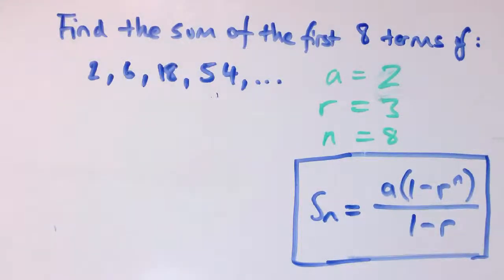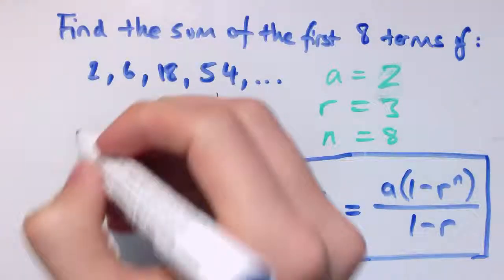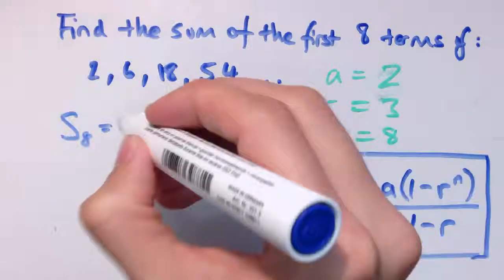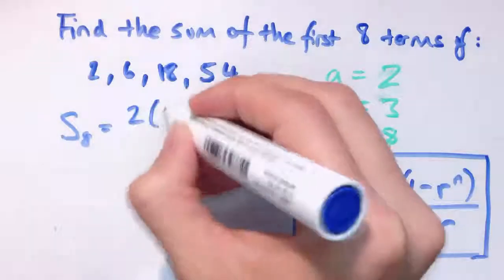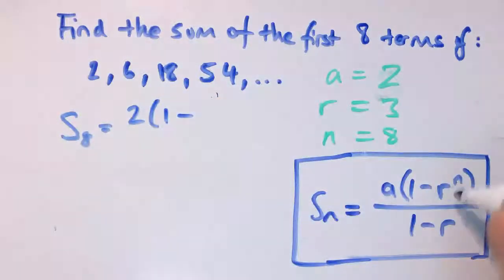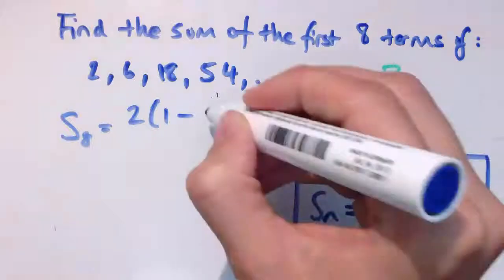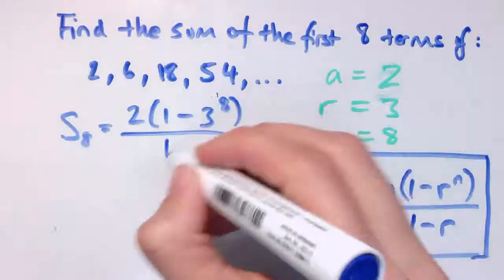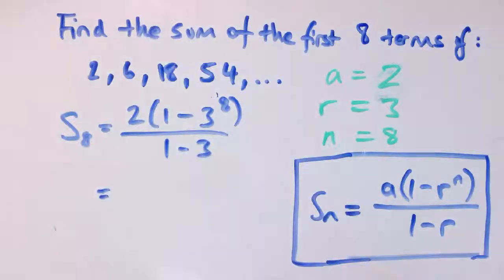So I just plug all of these numbers into the formula: the sum of the first 8 terms, S8, is 2 times 1 minus 3 to the 8, all divided by 1 minus 3.